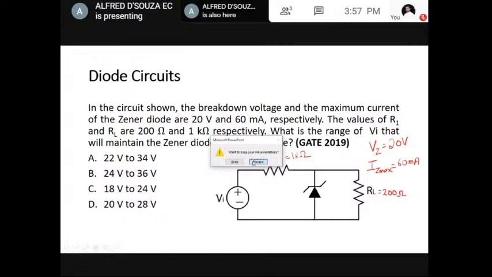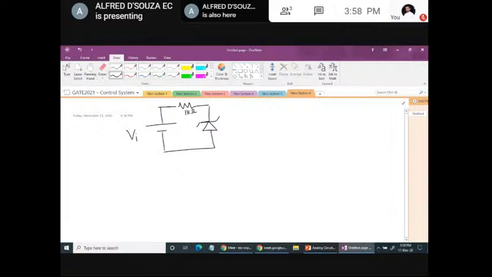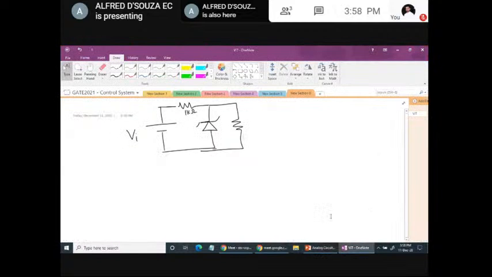So let me rewrite this circuit. What we have here is VI, then we have a 1 kilo ohm resistor, and then we have the Zener diode, then we have a 200 ohm resistor.